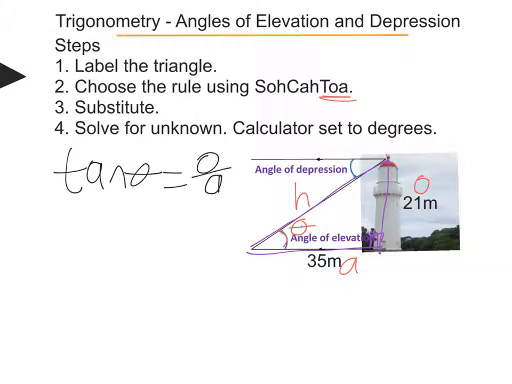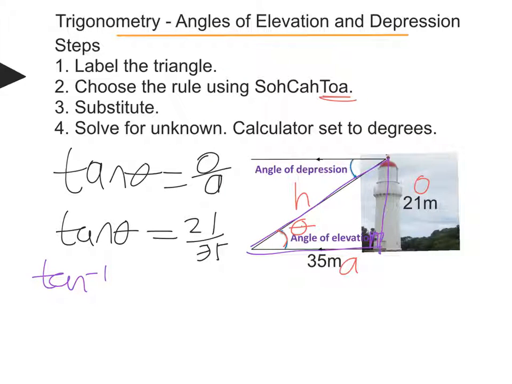Next, substitute in, and we know that opposite is 21 and adjacent is 35. And theta is the thing we don't know. So we do inverse tan of both sides because we want to get rid of the tan and find out what theta is.